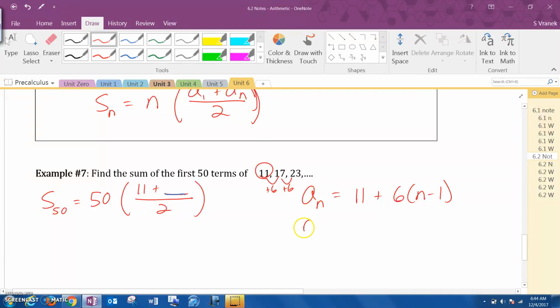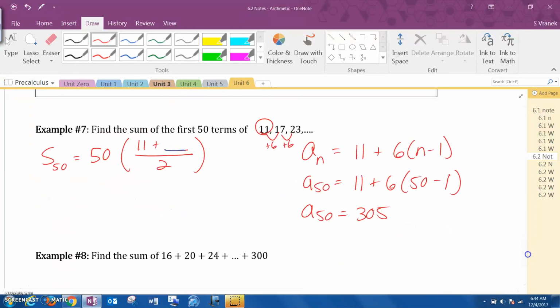So we need the 50th term to complete this problem. So 50 minus 1 is 49 times 6 plus 11. So this tells me that the 50th term is 305.